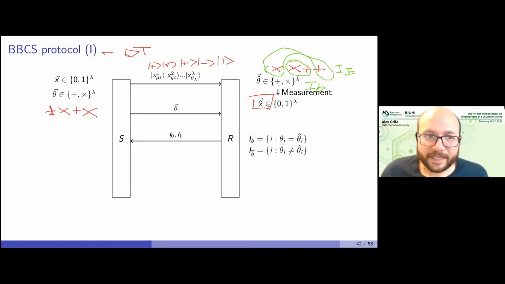So notice that the sender does not know which set contains the bases that agree and which set contains the bases that don't agree. So the sender just receives both of them, and has no clue about theta hat.